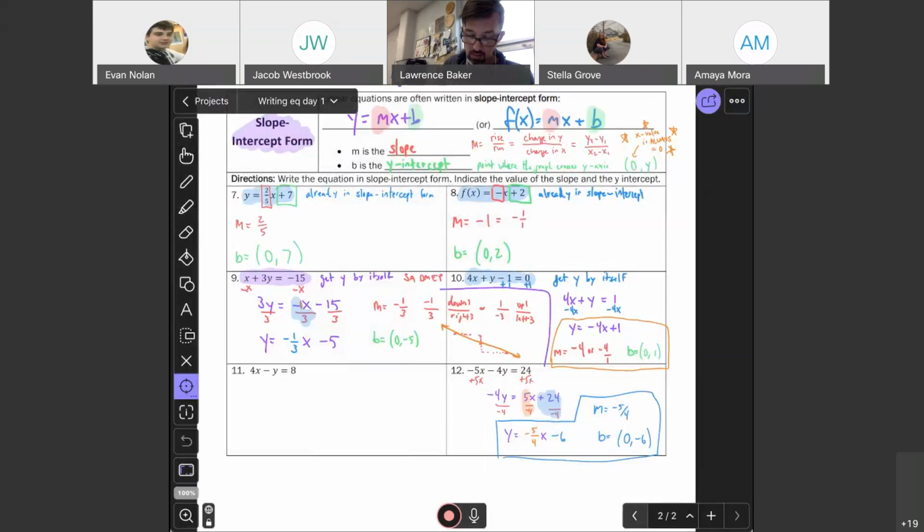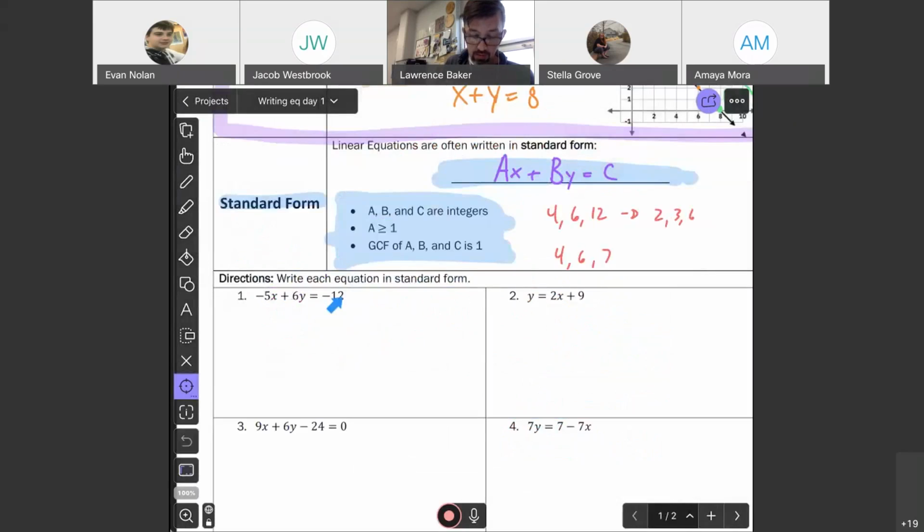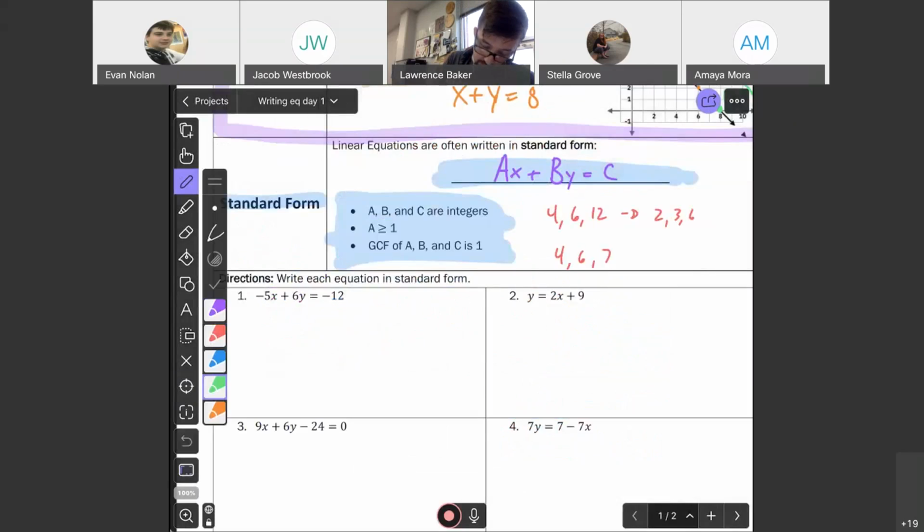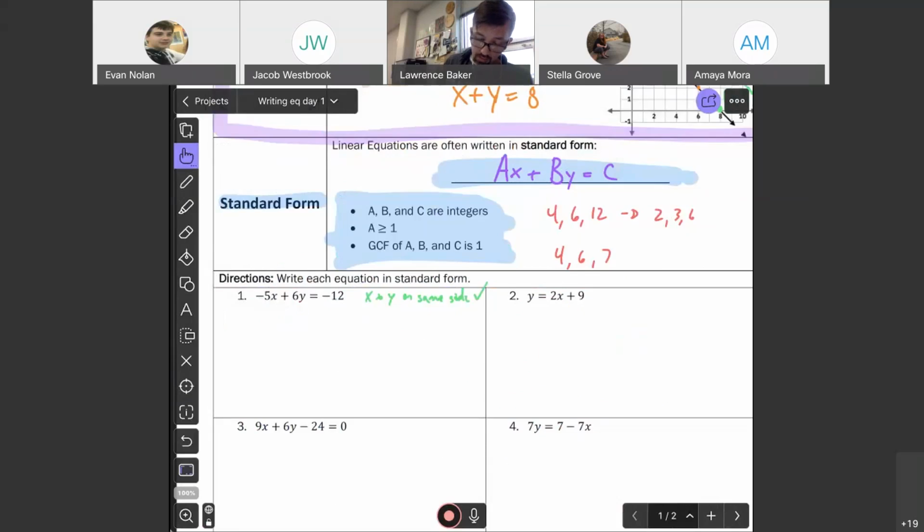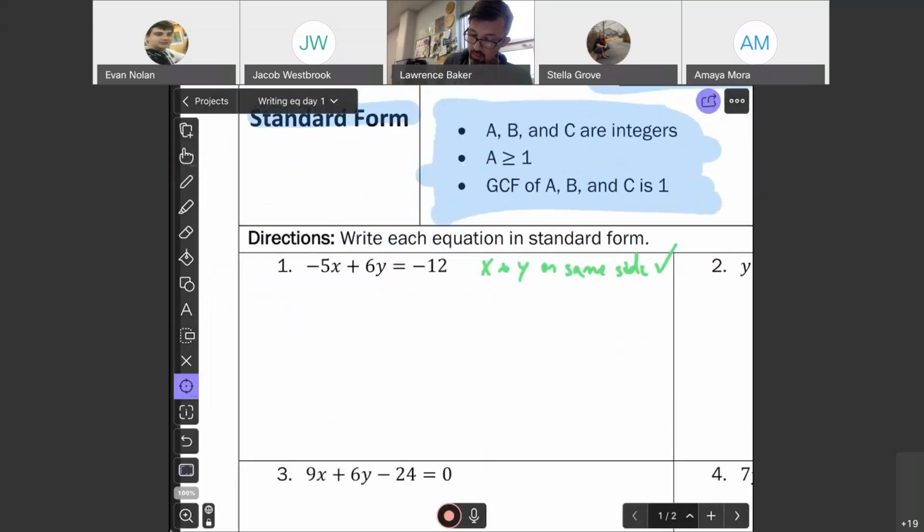Okay, so what I notice is that x and y are on the same side, so I don't need to worry about that. I'm going to put a check by that. Then are a, b, and c integers? Again, no fractions. So -5, 6, and -12 are integers.